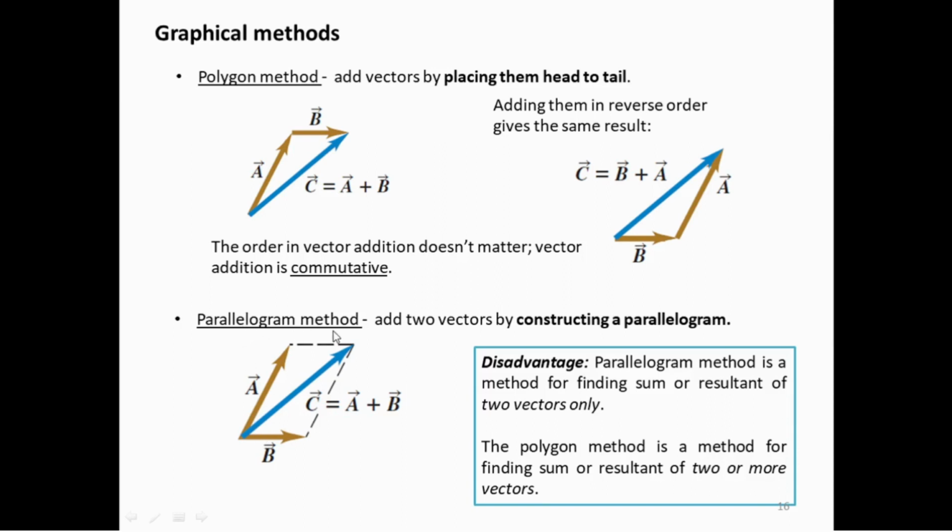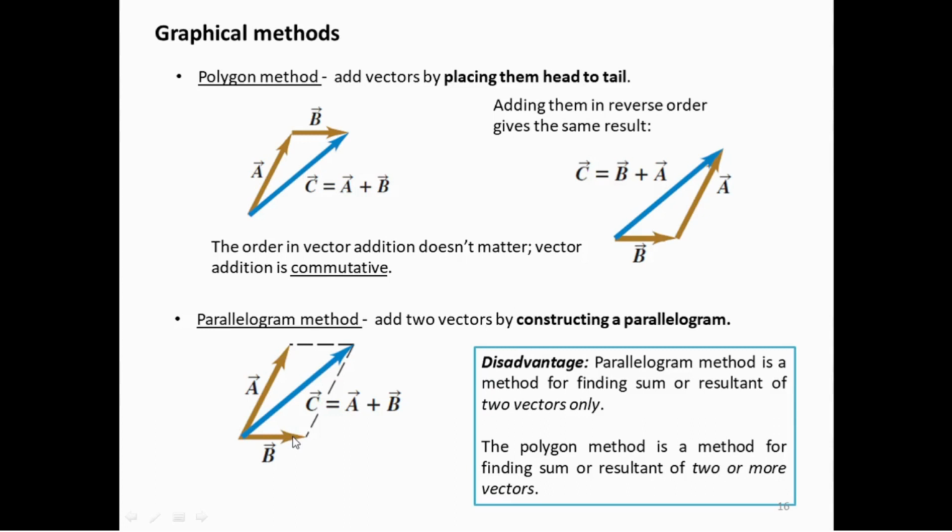But eventually, the method here is to draw the first vector here, and then you just draw the second vector at exactly the same point where you drew the first vector. So if this is the tail of vector A, then you have to draw the tail of vector B at this same point, and then draw it accordingly, whichever direction it is directed.